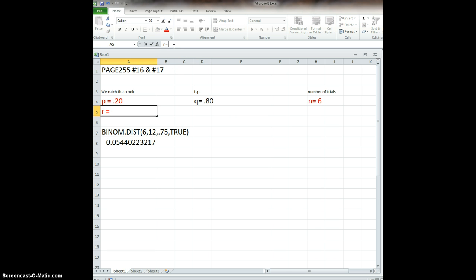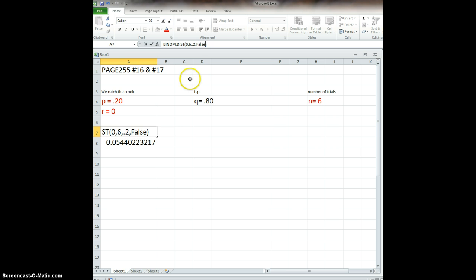All right, and what is R? How many successes are we looking for? We're looking for exactly 0 successes. What are the chances that none of the crimes will be solved? So down here, we want to type in 0 successes out of the 6. And our probability here is 0.2. Do we want true or false? We want false because we're just looking at exactly the 0.